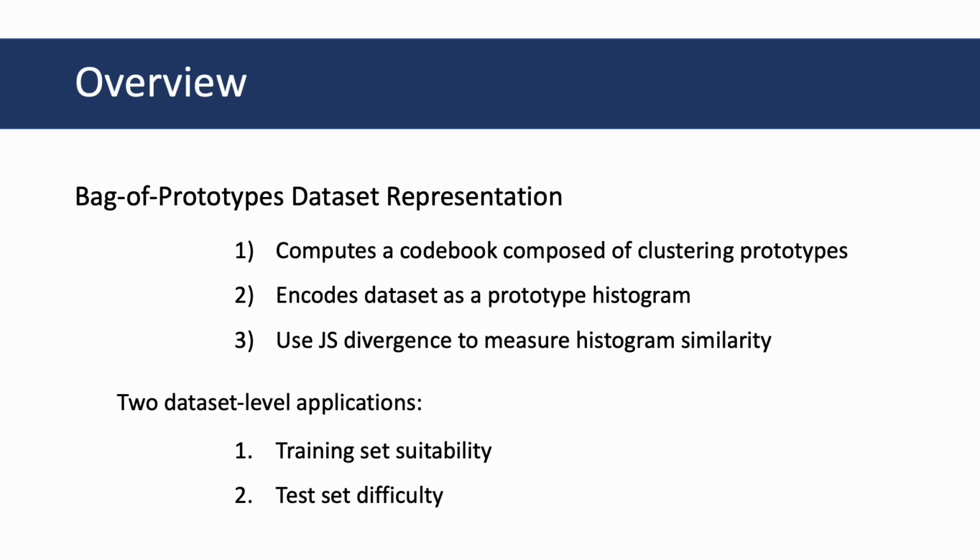When used in conjunction with Jensen-Shannon divergence, the proposed descriptor is able to capture the underlying relationship across datasets. This benefit is validated by its promising results on 2 dataset-level tasks: assessing training set suitability and test set difficulty.